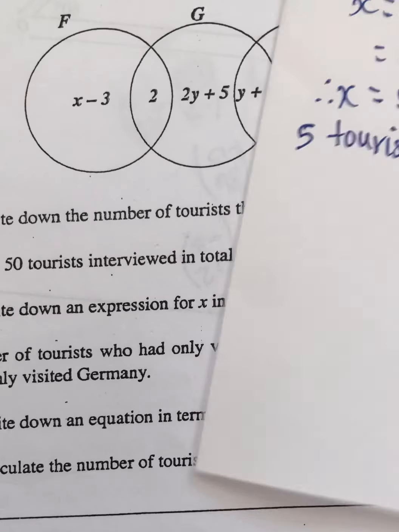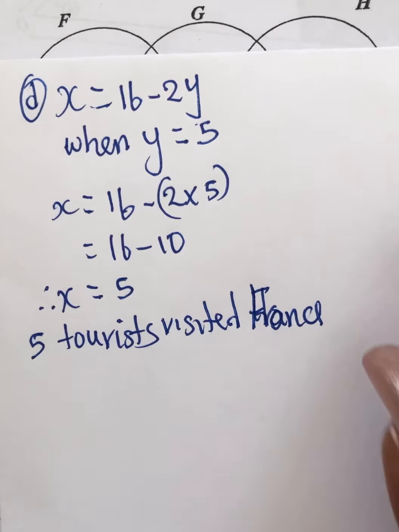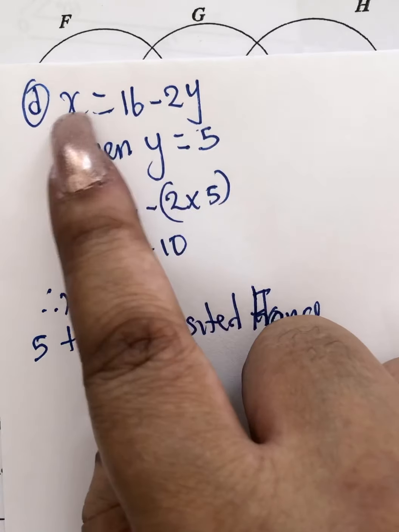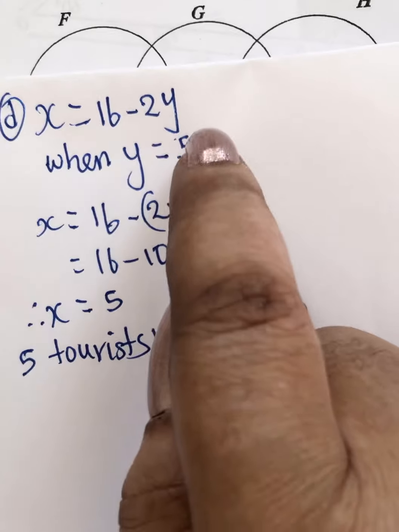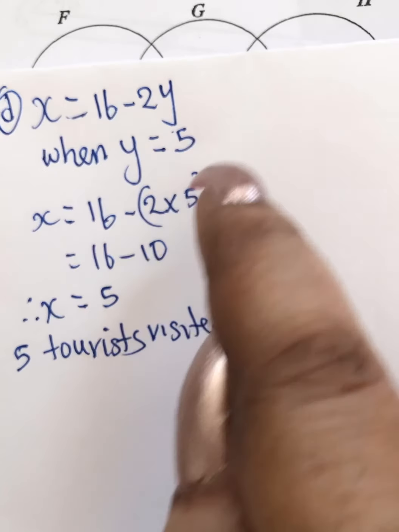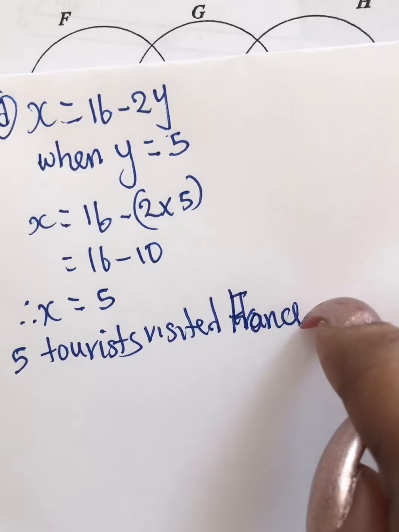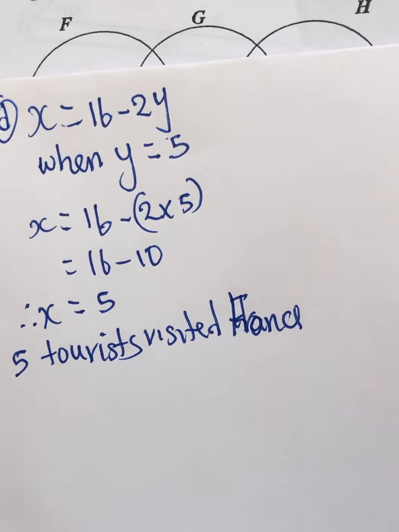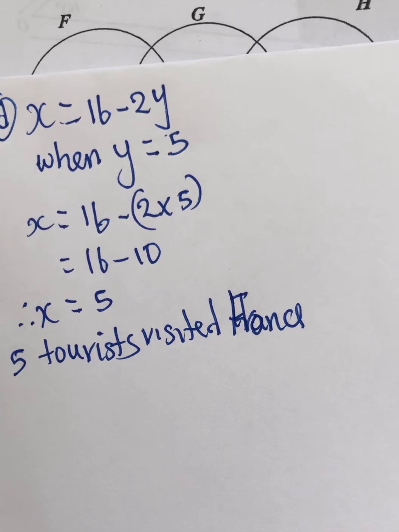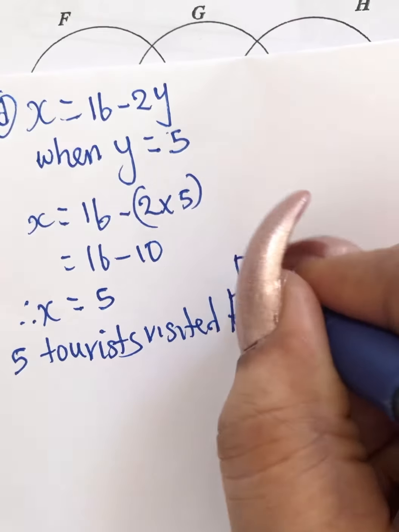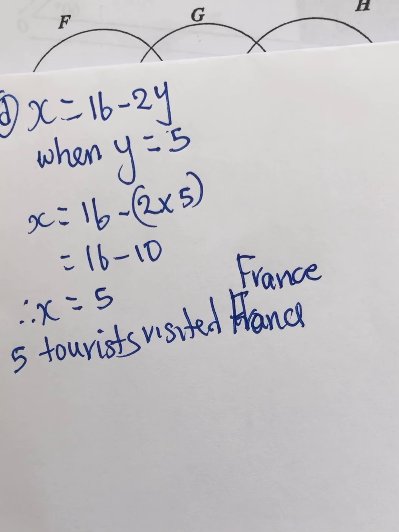We used the information from parts B and C. We had this equation in part B. And with C, we had y equal to 5. So we substituted and we solved. So we can conclude that 5 tourists visited France. All right. Thank you.